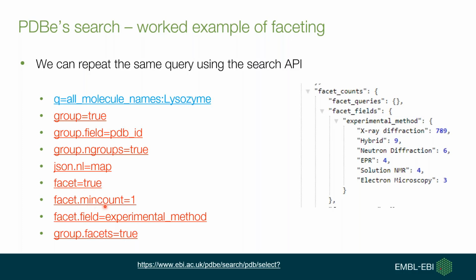So we're going to facet as true, only things that actually come up with an answer we want to facet, and we're going to facet by experimental methods, and we're going to group our entry PDBe IDs into the facets as well. And on the right hand side, we can see what we get back. So this is the same numbers that we have within the actual search page in the main UI.